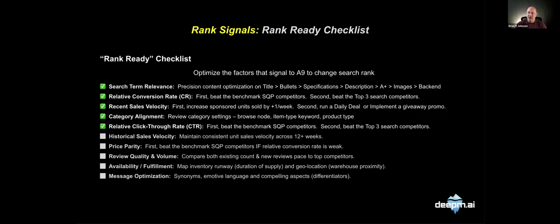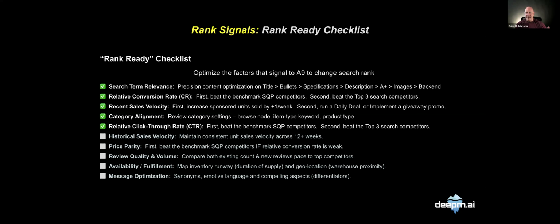The rest of these do have value. Things like historic sales velocity, as far as consistency across, say, 12 weeks or more. Price parity, primarily not, because if you're way far out of line, then hopefully you already know that you have a premium price because you have a premium offer, not just because you sourced poorly.